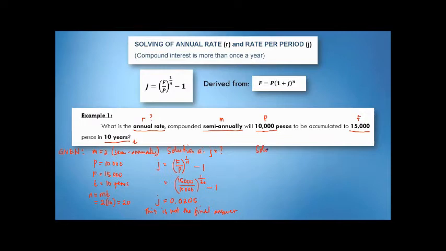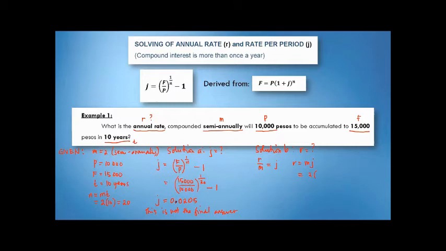So ating solution B ay solve for small r. Manggagaling ang formula natin ng R sa R over M is equals to J. Dahil given na tayo ng J at given na rin tayo ng M, ang R ay magiging M times J. So derivation ng formula na to. Substitute natin. M is 2, semi-annually.